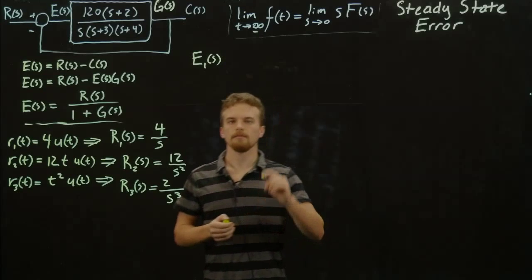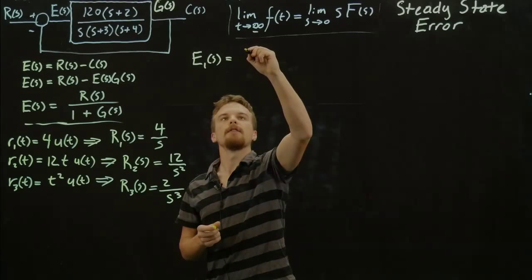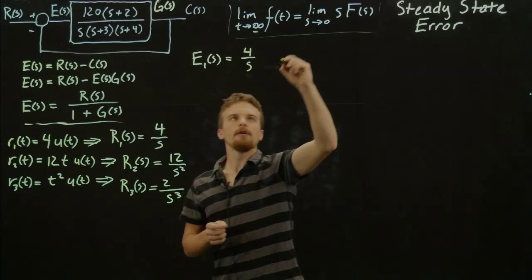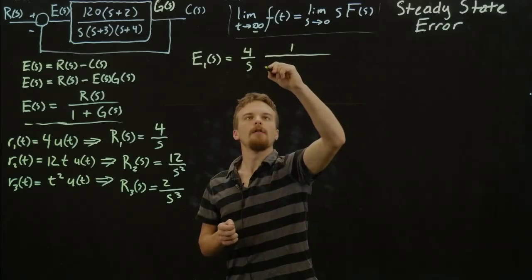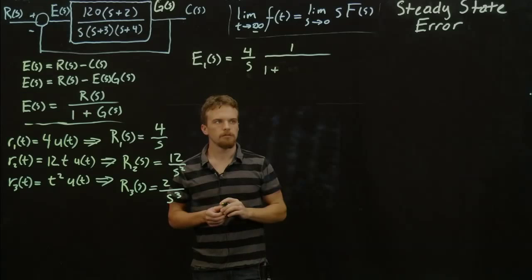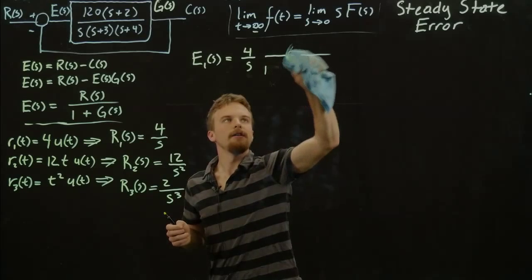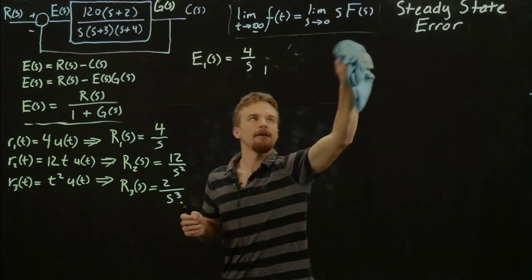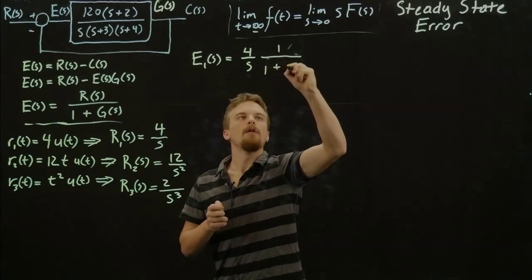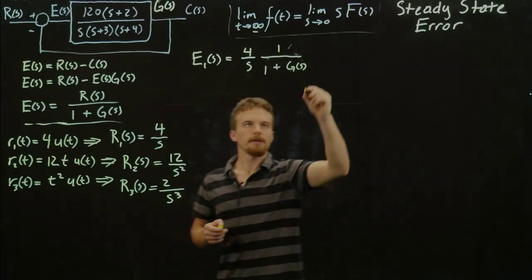So we'll pull that R of s out front: 4 over s times 1 over 1 plus, actually, let's keep G of s symbolic for the time being, and we'll sub in explicit values for it in the next step. Okay, so that's our first expression for our first error.